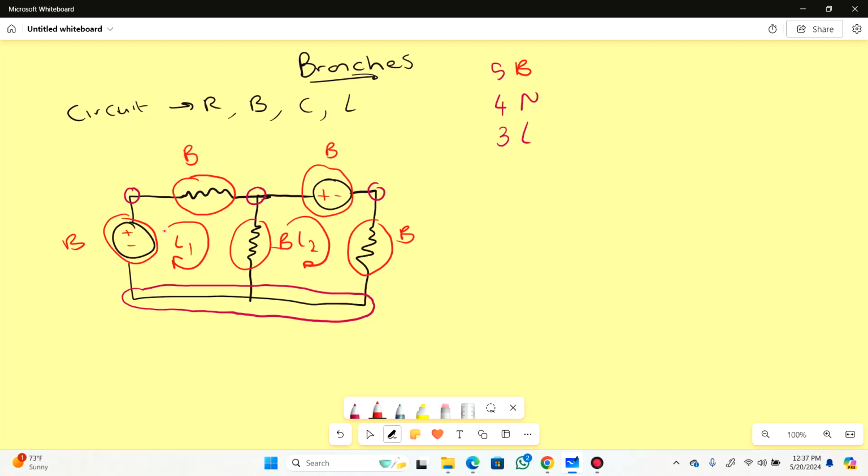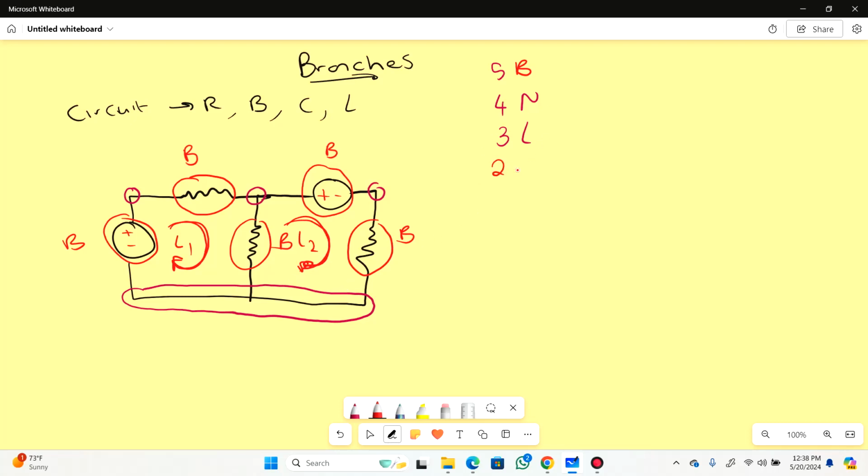Hence we said an independent loop is not part of any other loops. So this whole circuit here is not an independent loop, but this section here is an independent loop, and this section is an independent loop too.